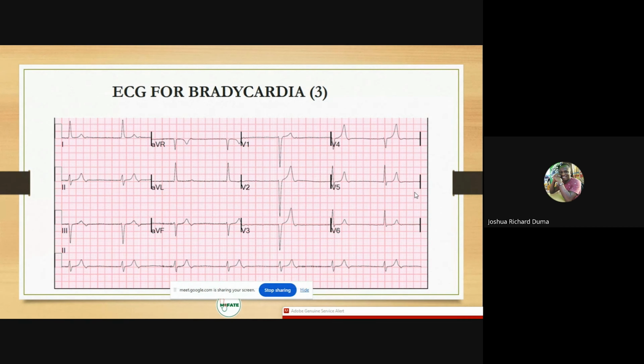We have to see if the rate is either regular or irregular. In ECG we have different waves: P waves, QRS waves, and T waves. For counting the slow heart rate, we have different ways of counting the heart rate through a 12-lead ECG. We'll see it later. Next.